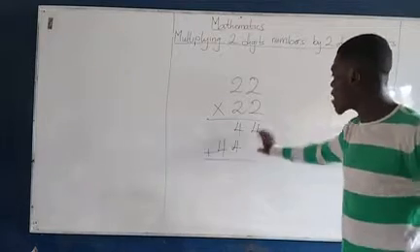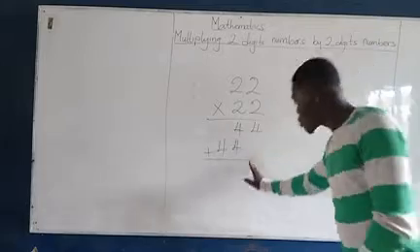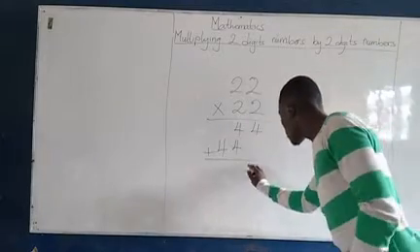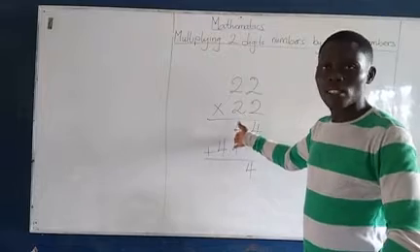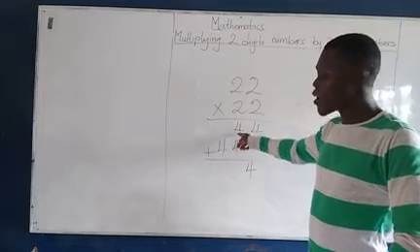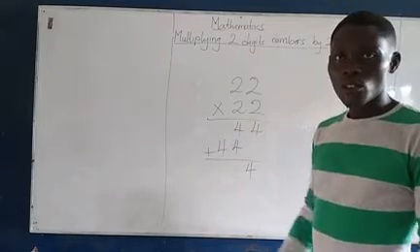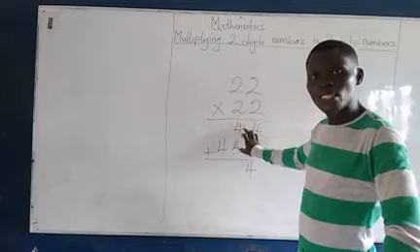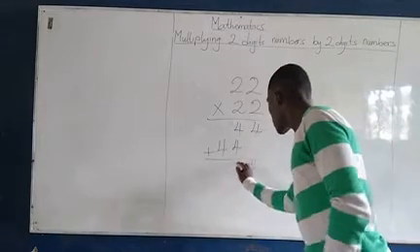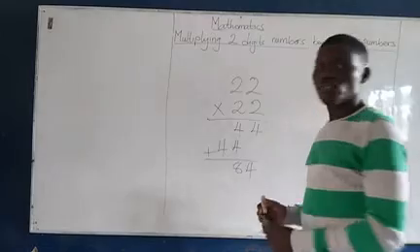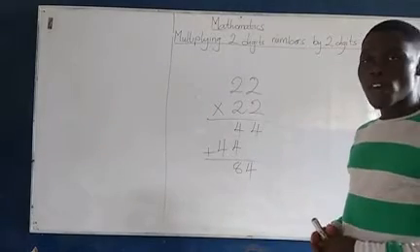So always the first number at the ones place, you write the same number down. Now when you come to the second answer, you can see that 4 and 4 are together. So this time we are going to add the two numbers. So 4 plus 4 will give us what? 8. 4 plus 4 will give us 8.